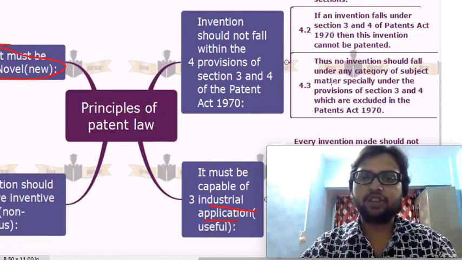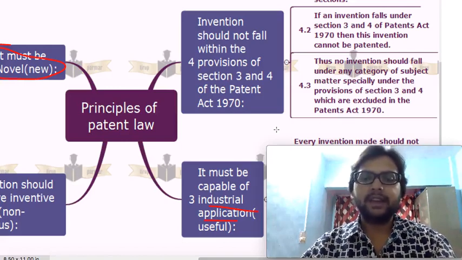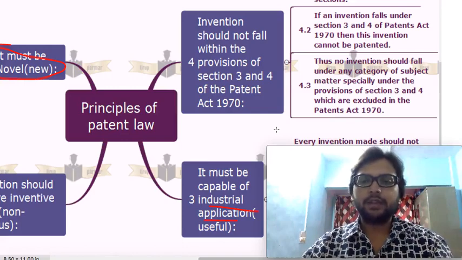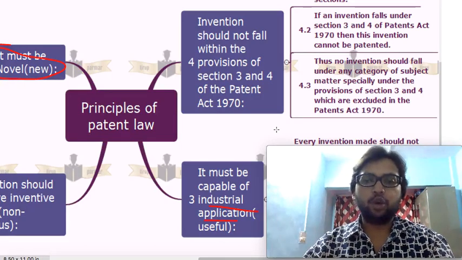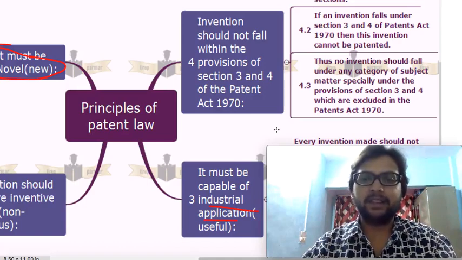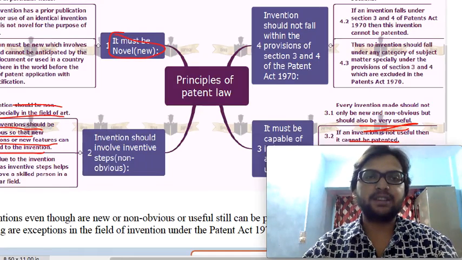Thus, no invention should fall under any category of subject matter excluded under the provisions of Section 3 and 4 of the Patent Act 1970. As I said, if your invention is something new, non-obvious, but it might harm the environment, animals, or public health, then it should not be patented. That falls under Section 3 and 4. I hope this particular question is clear.